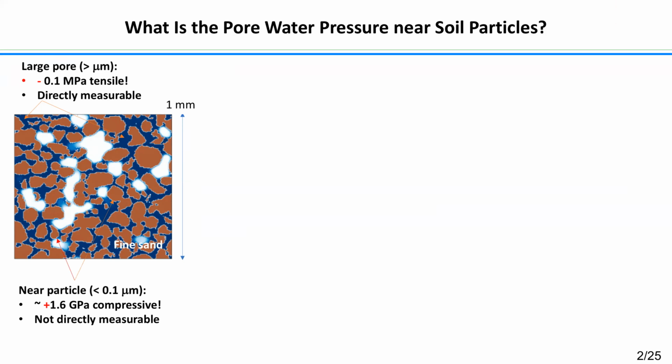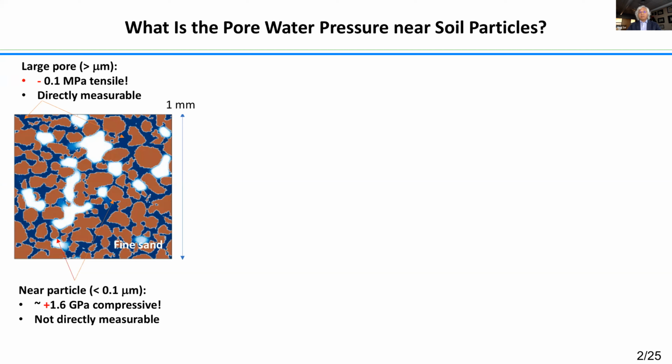Yeah. So if you look close to the particle, as you approach the particle surface, the pressure will go from negative to positive, and it can go as high as 1.6 gigapascal. That is very, very high, and it's compressive. This occurs under both saturated and unsaturated conditions.